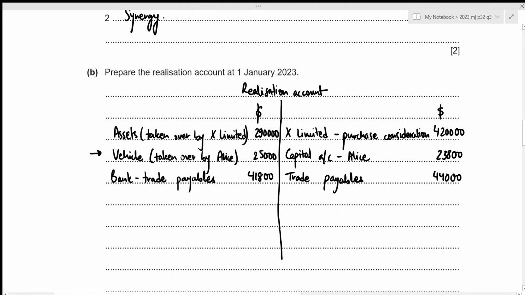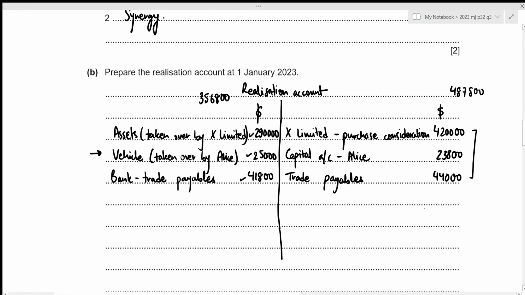Okay, that is the settlement of all of our assets and liabilities, which means that now we need to figure out the total of each side and figure out whether there was a profit on realization or loss on realization. So the total for the debit side will be 290,000 plus 25,000 plus 41,800, which results in 356,800. Whereas the total for the credit side will be 420,000 plus 23,800 plus 44,000, which results in the value of 487,800.